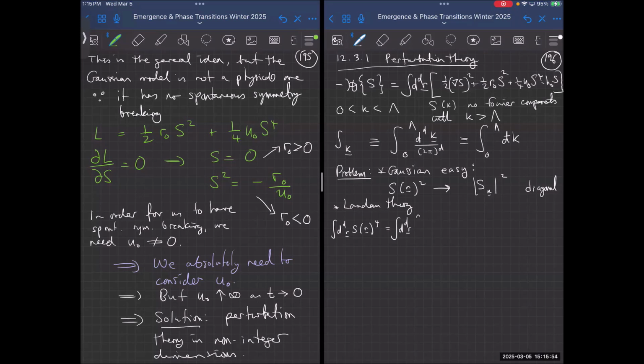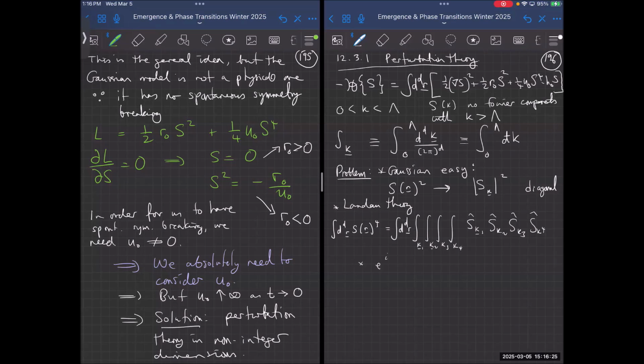It looks like this. Integral k1, integral k2, integral k3, integral k4. Then I'm going to have 4 powers of S hat, S of k1, S of k2, S of k3, S of k4. So I have those 4 variables, and then I have them multiplied by all the Fourier variables.